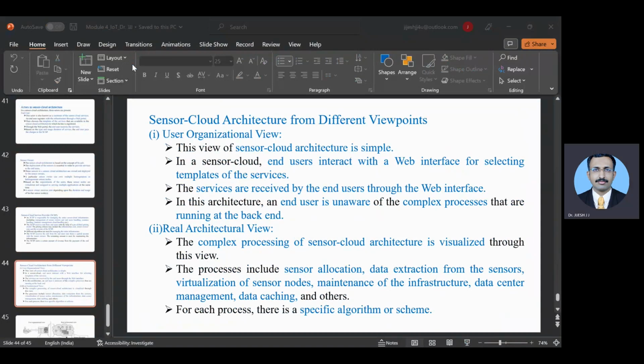In the real architectural view, you are going to have the complex processing of cloud architecture, visualizing the entire process, and you will also know the sensor allocation, data extraction, the virtualization of sensors, maintenance of infrastructure facilities, data center management, and all these things technically associated with the establishment of the cloud environment.